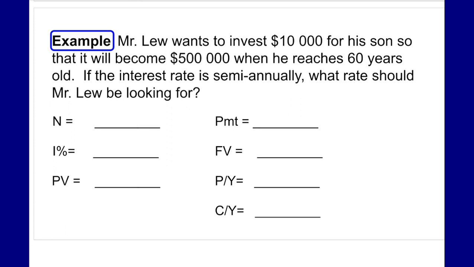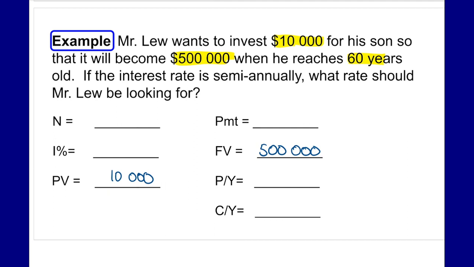So Mr. Liu wants to invest $10,000 for his son so that it will become $500,000 when he reaches 60 years old. So two key pieces of information there. We have our present value and we have our future value. When he reaches 60 years old, that will be important.